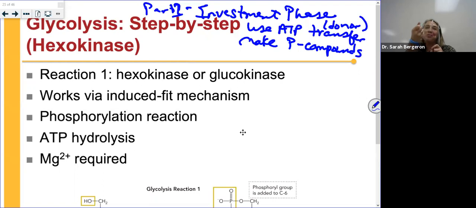So what we're trying to do is ensure that glucose stays in the cell. How does glucose get into the cell? You can have a transporter. So once you get it in, what keeps it from leaving?